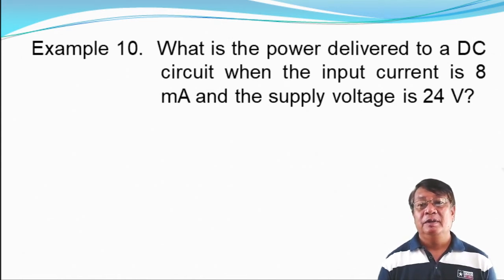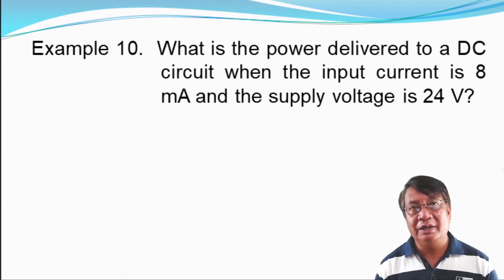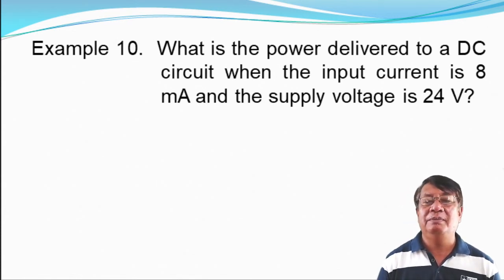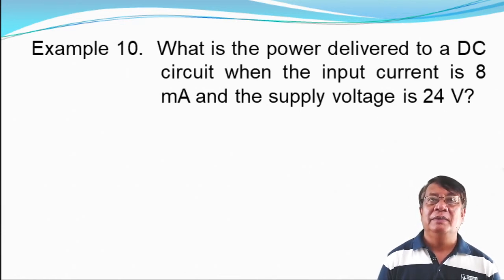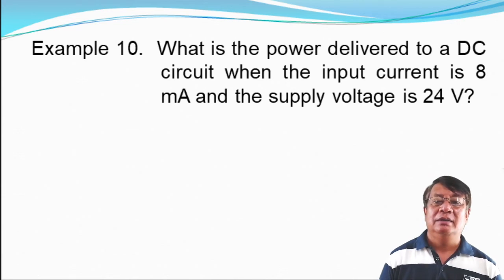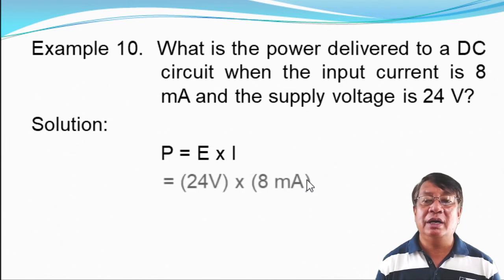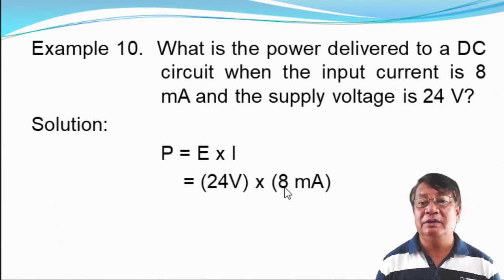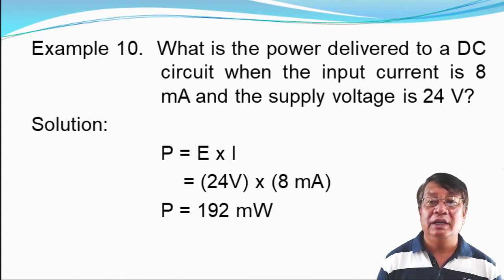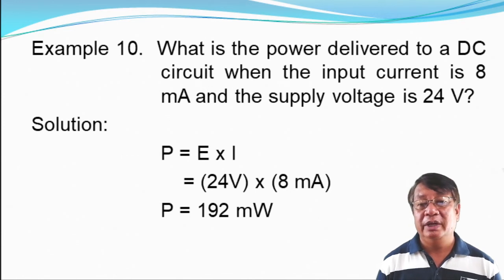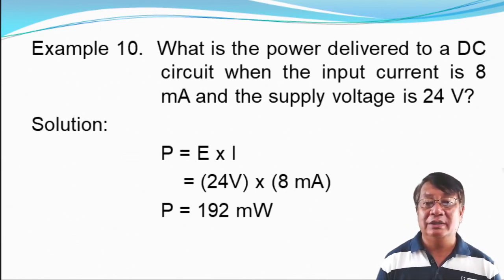Do not forget it. So we have 8 milliamperes, and then we have the 24 volts. What is now the formula that we can use to solve the power? The useful formula here is I times E, or E times I. So for our solution, E times I, 24 volts times 8 milliamperes. So we have 192 milliwatts or 0.192 watts.